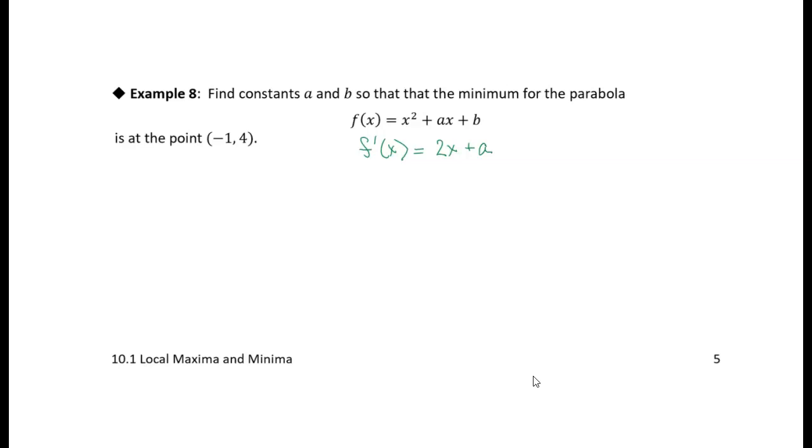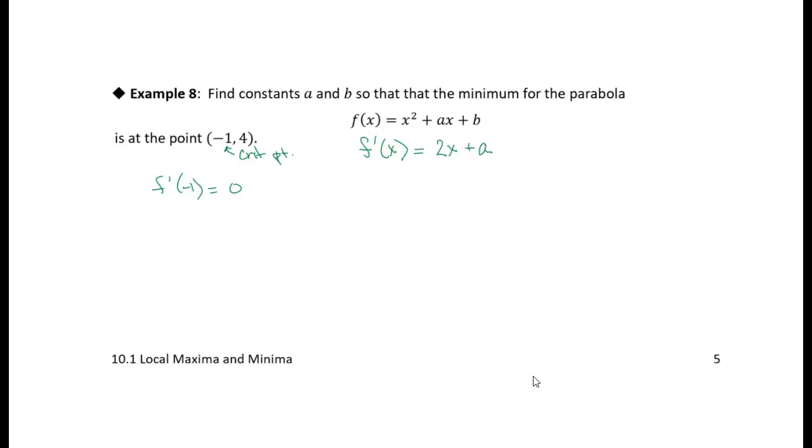So if the function has a minimum at -1, 4, that's telling us that the derivative at -1 is 0, because -1 has to be a critical point. We know this is a critical point. Okay, so that means that the derivative, f prime of -1, has to be equal to 0.